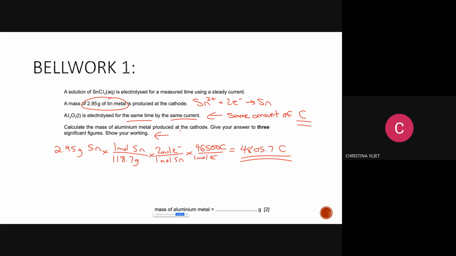So what's the information for aluminium? Al3+ plus 3 electrons goes to Al. So what you would need to do is go with your same amount of coulombs, 4,805.7 over 1 times 1 mole over 96,500. 3 moles of electrons for 1 mole of aluminum.